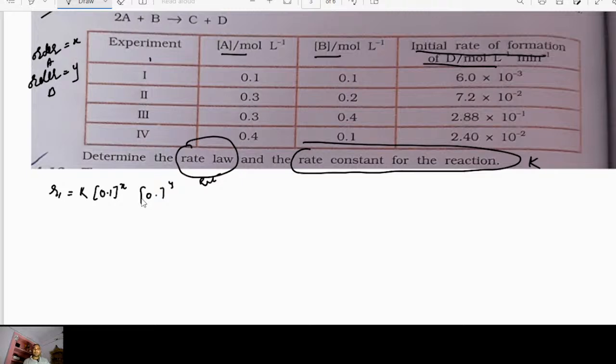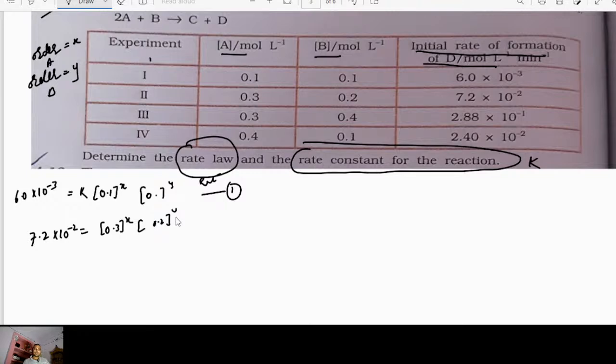So simply here we are writing, and the R1 value they have given, student. Here you can write 6.0 into 10 power minus 3. This is equation number 1. Now go to equation number 2: 7.2 into 10 power minus 2 is equal to k times 0.3 power x and 0.2 power y.